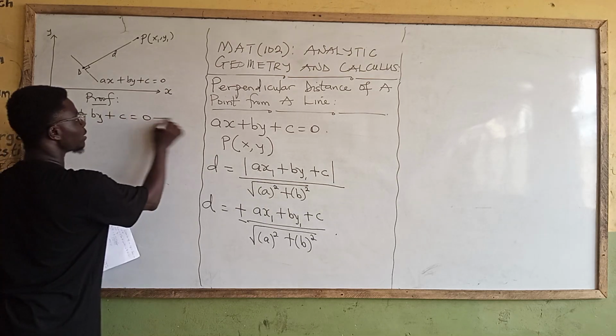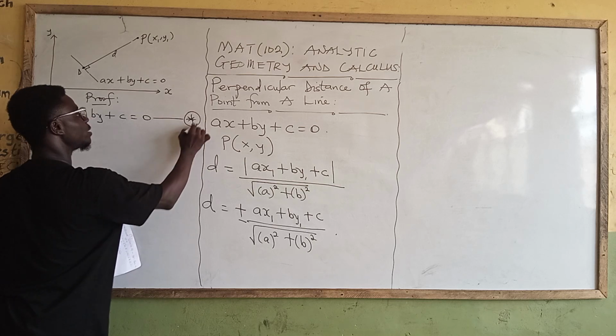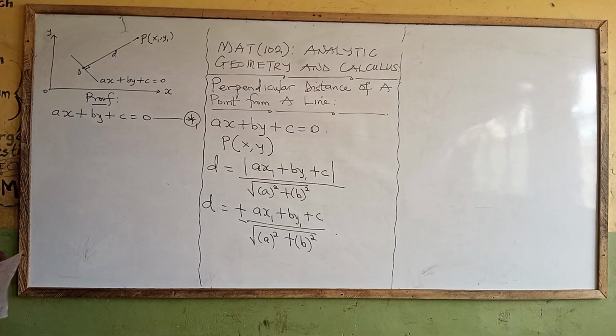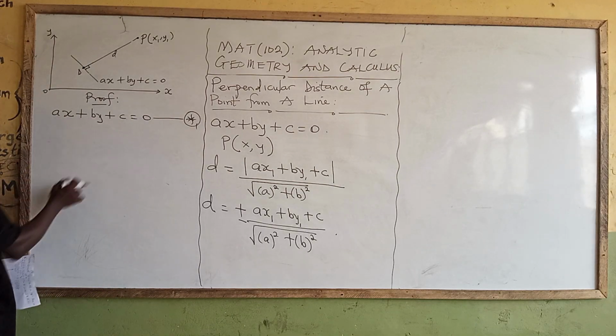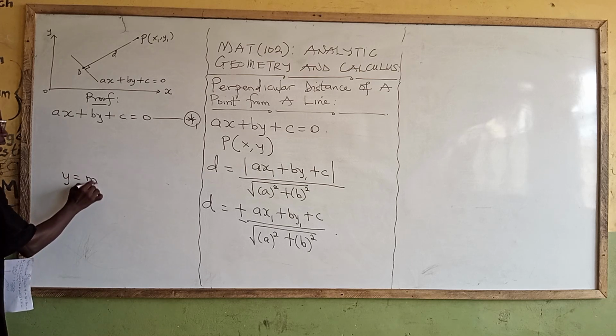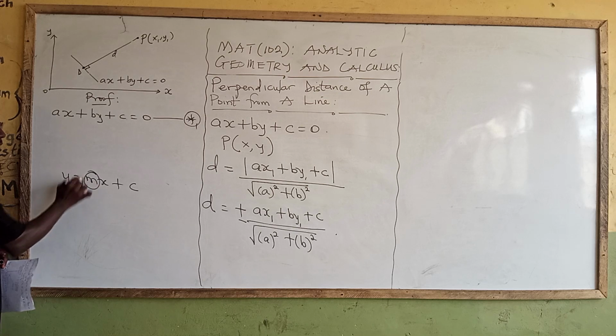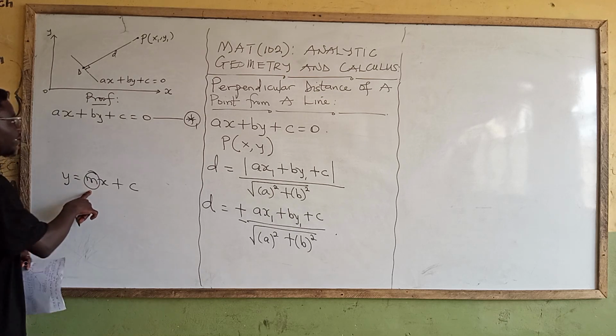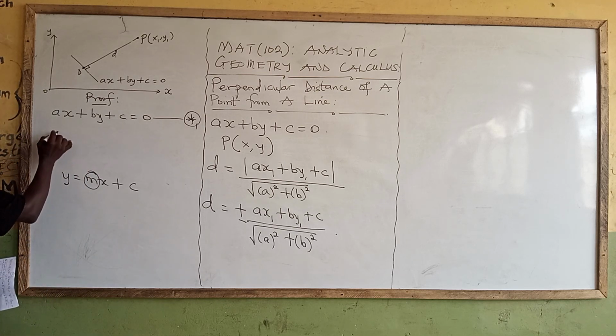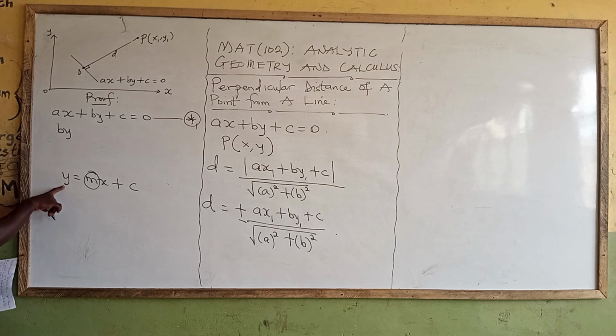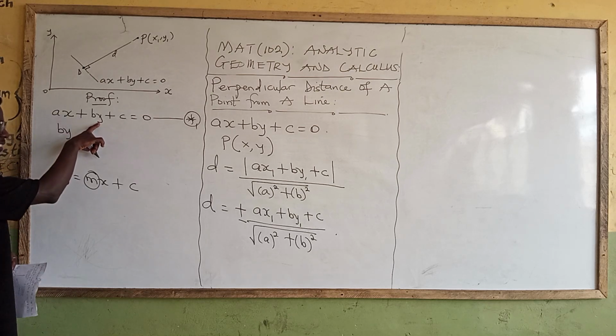So first we say that ax plus by plus c equals 0. So we can label it as what? Equation star 1, right? So now we can express this in the form y equals mx plus c, so that our m denotes our gradient. So let's express that. I get my by, which means we are making y the subject.